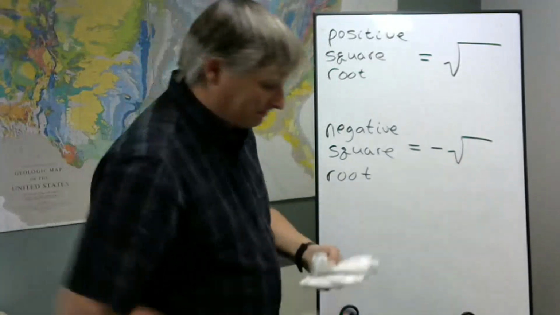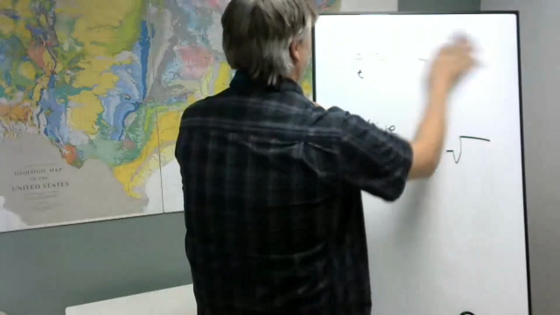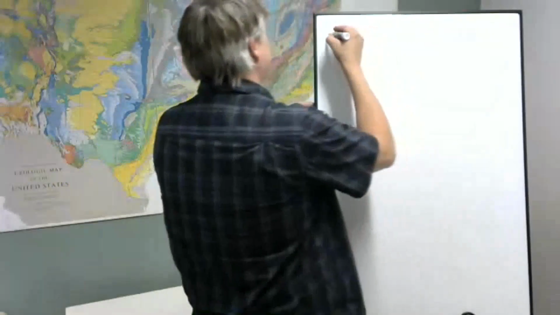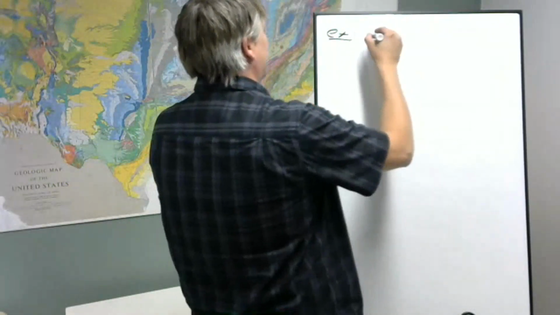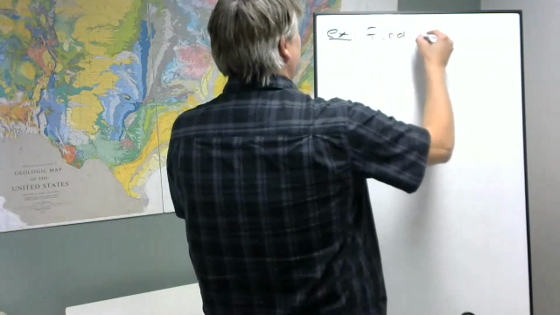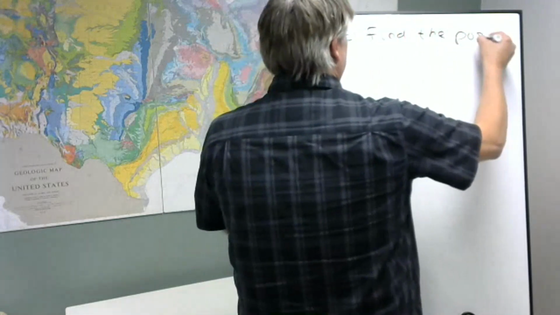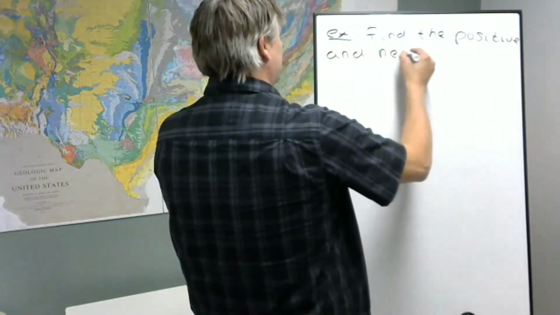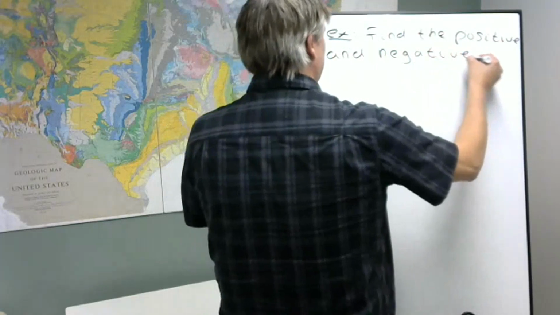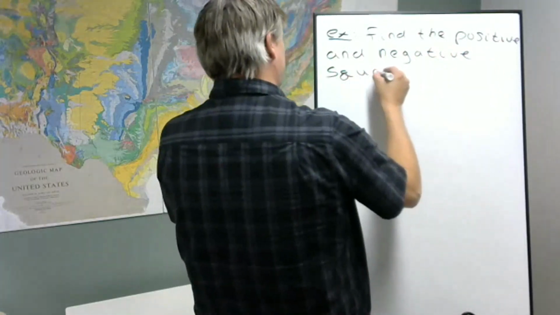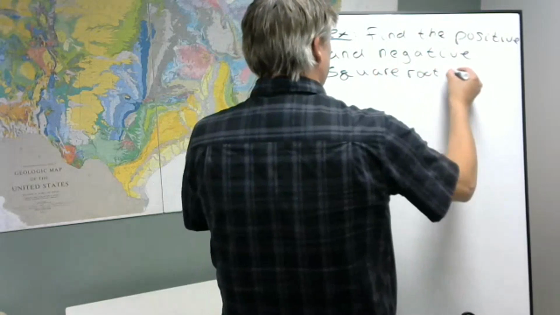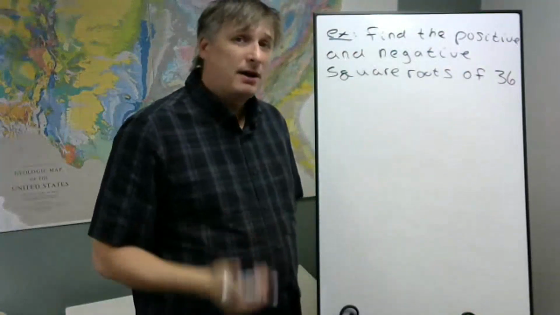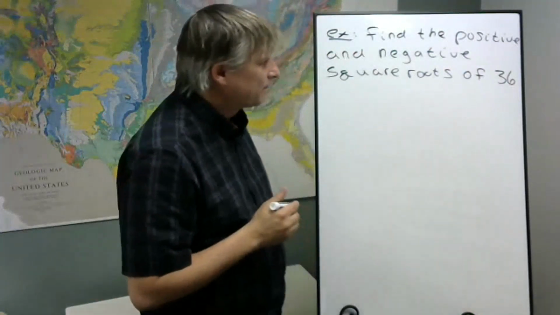So let's do an example. Let's say we want to find the positive and negative square roots of 36.